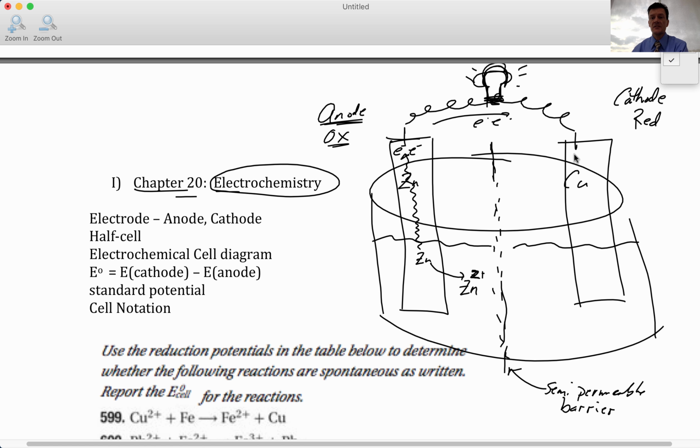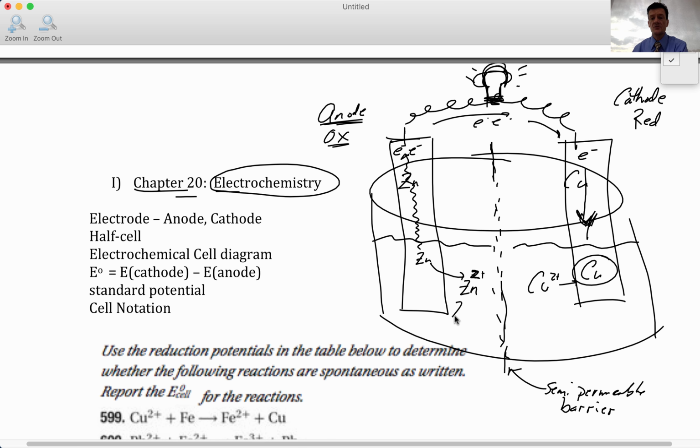In this case, these electrons are coming from the other side, the zinc side, the anode side, and flowing down. And the ions in the solution here are going to bump into that piece of copper metal, pick up those electrons, and turn into neutral copper atoms.